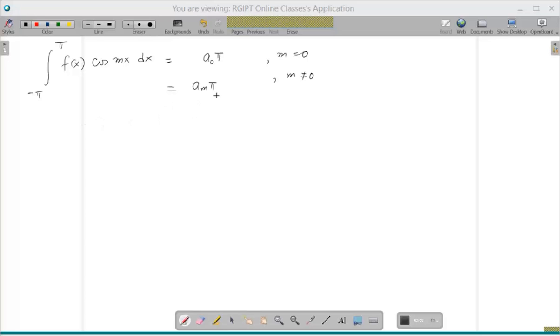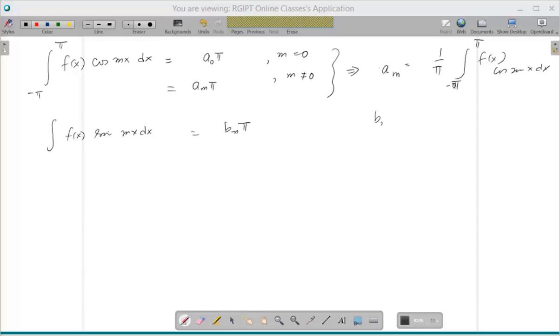Similarly, you can look at f(x) sin mx dx, that will turn out to be equal to bm times pi. So I can write down am equal to 1 over pi, integral from minus pi to pi f(x) cos mx dx, and bm equal to 1 over pi, integral from minus pi to pi f(x) sin mx dx.